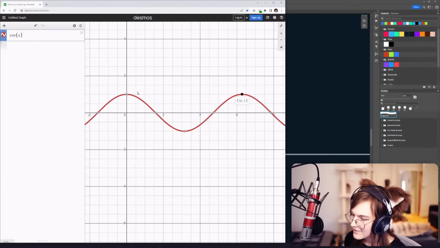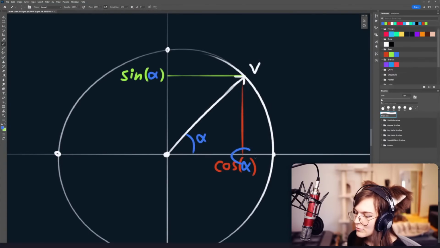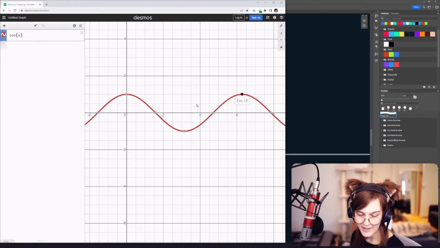But you can see that it has radians as the angle because the x-coordinate is the angle and the y-coordinate is the output value, which is the x-coordinate of this vector, right? And so you get this repeating pattern after a full turn, and the turns, in this case, are measured using radians.